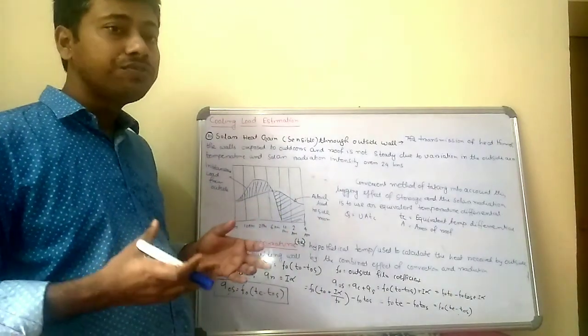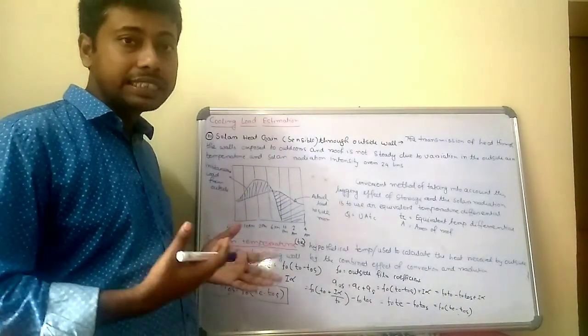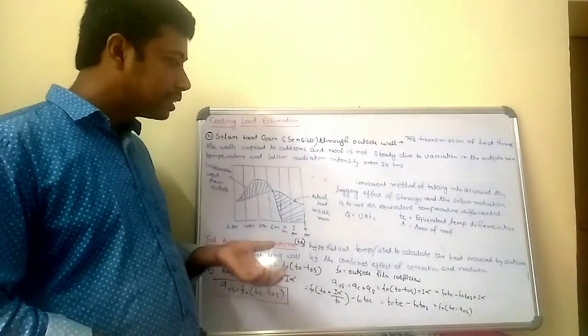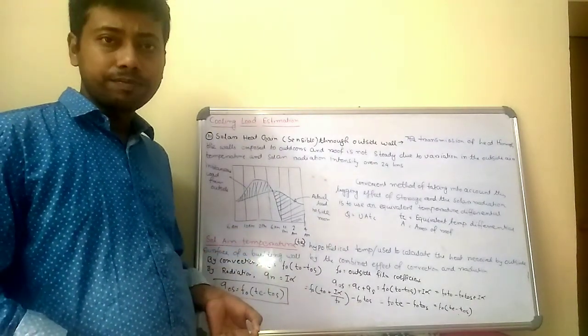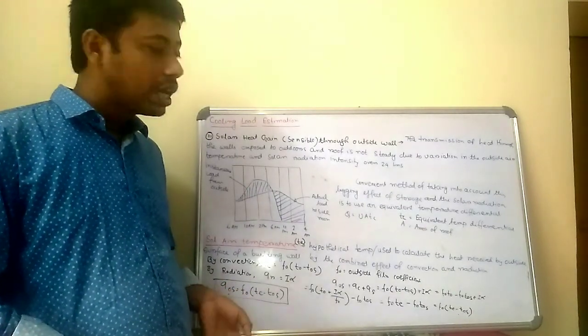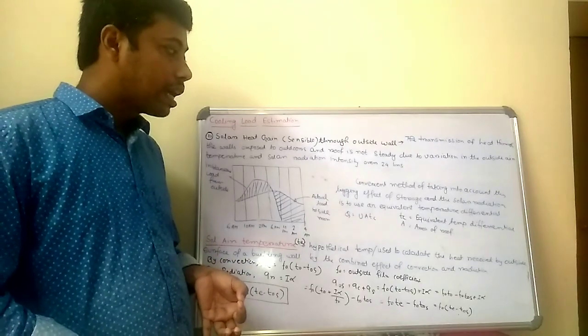So the amount of heat received or gained by the room, you can calculate as Q equals U into A into Tc. Q is equal to U, the overall heat transfer coefficient, A is the area of the wall or the bricks or the roof, and Tc is the equivalent temperature differential.